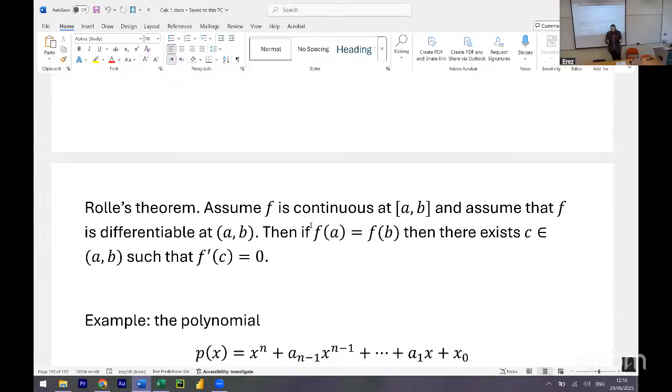Think of a 1-to-1 function, the linear function, a straight line, 2x plus 3. What is the derivative of 2x plus 3? 2. It's never 0. Okay? On the other hand, x cubed is also 1 to 1, yet its derivative does equal 0 at some point. So it's not if and only if, but in any case, I took a graph where f of A equals f of B.